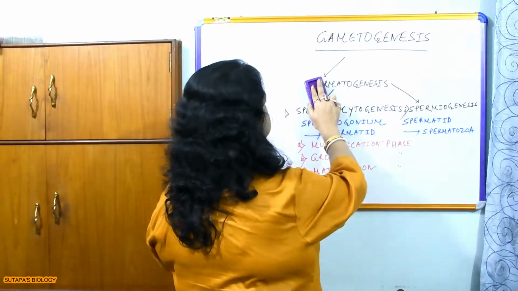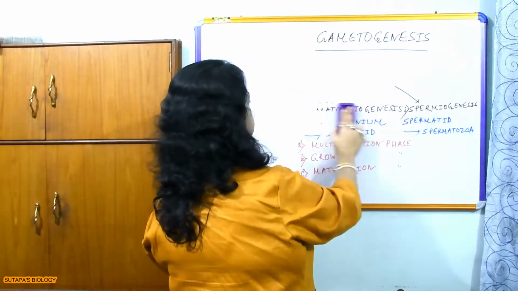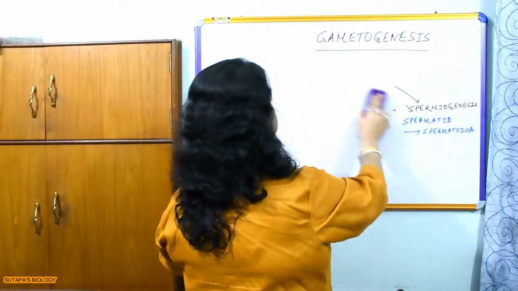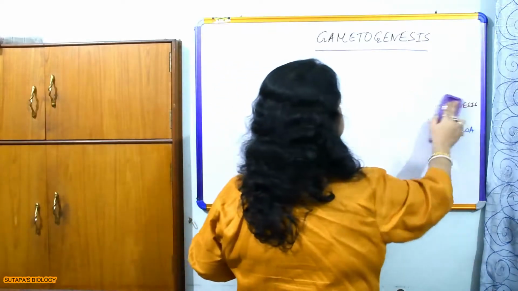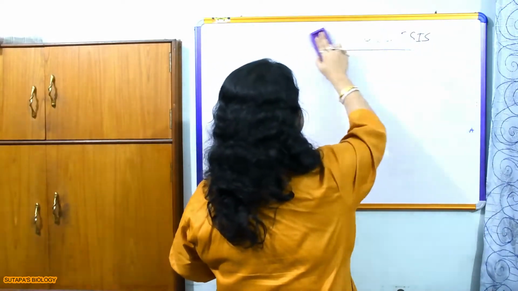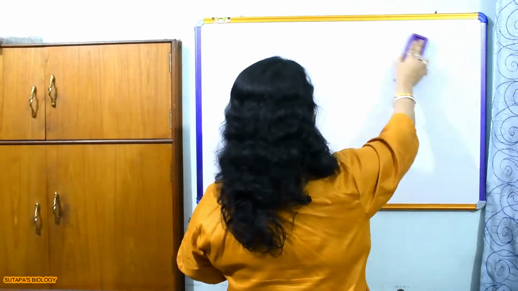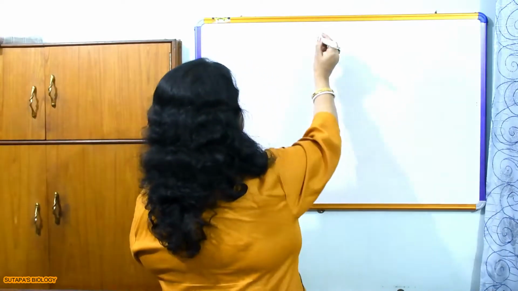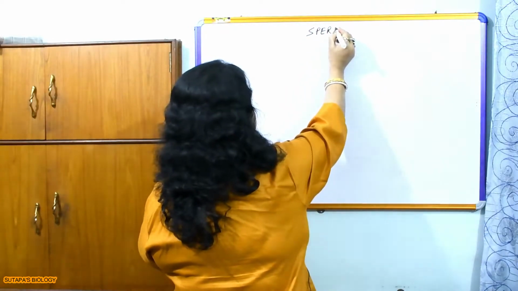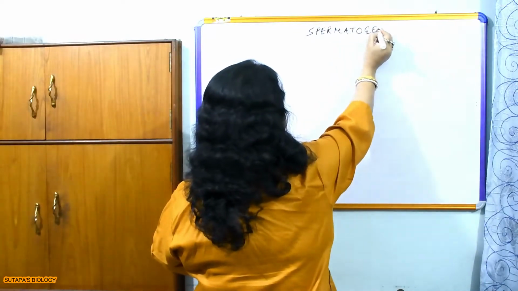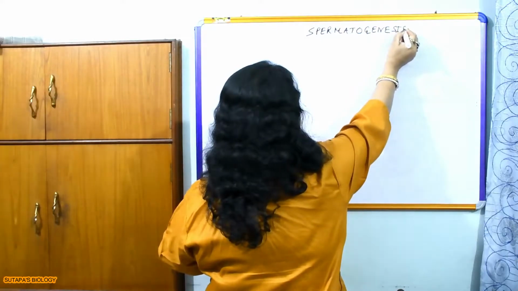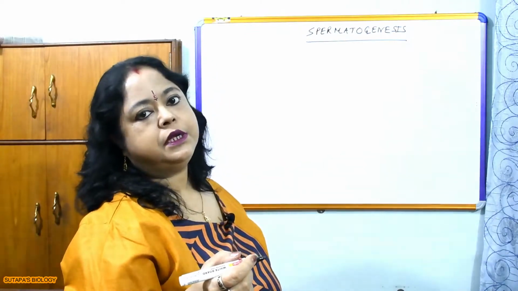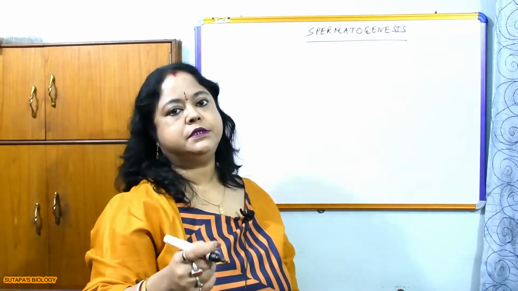Now I am giving the diagram of spermatogenesis. It starts from spermatogonium, already I have told you, and that's present in the germinal epithelium of the testis, and germinal epithelium is present inside the seminiferous tubule.